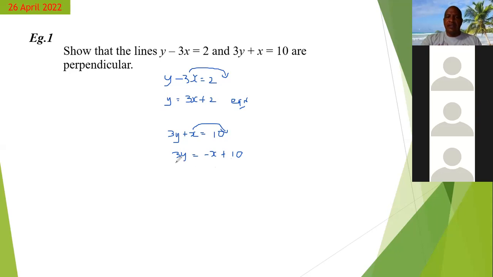If we divide both sides by 3, each term you divide by 3, then this cancels.